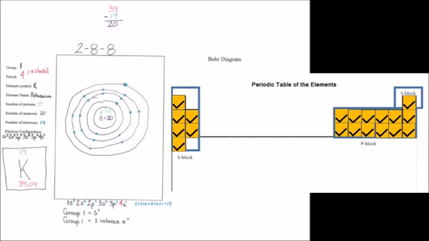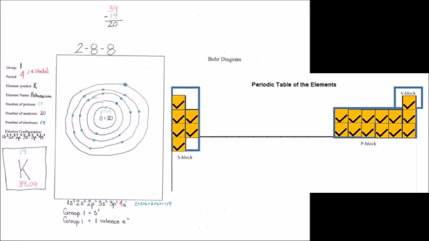So again, all of the elements in group 1 are showing up with that s1. Hydrogen was an s1, lithium, sodium, and now potassium. All of these are showing up with an s1 configuration. The number before the s1 all depends on what period you're in. So it goes back to that grid system.